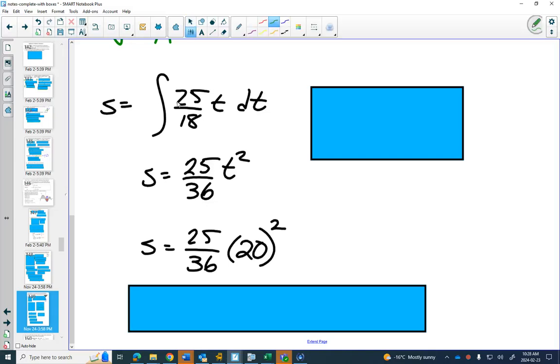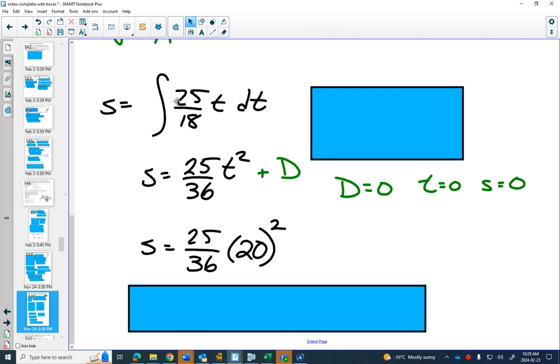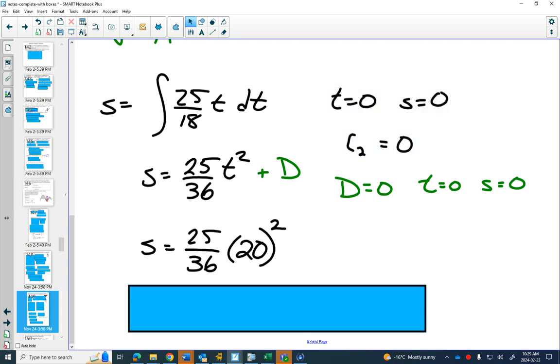So you could do plus d. And this time when t is 0, you haven't traveled anywhere, the displacement is 0, so d would be 0.